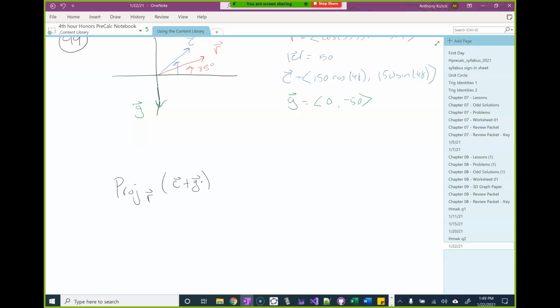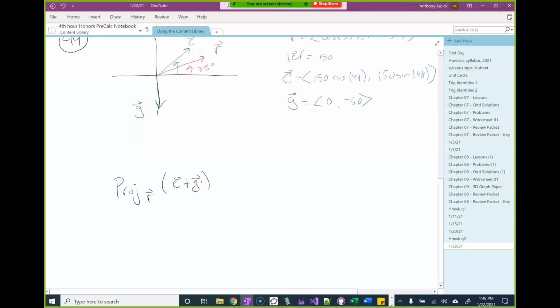Let's check that and make sure that we get the right answer, but that's what my gut would tell me to do, since C plus G would be the net force acting on the ramp. Keaton, are you going to tell me I'm doing it wrong? So it says the crate weighs 50 pounds. So weight is just a function of gravity. Gravity pulls straight down. So that's where that came from. Is that okay? Yeah. Okay.